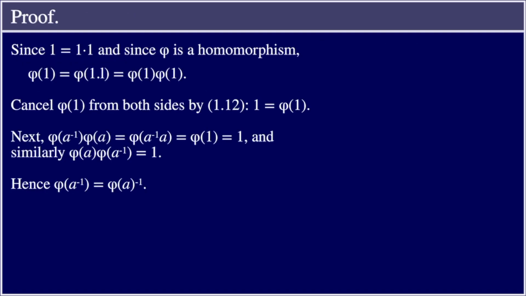Since 1 = 1·1, and since φ is a homomorphism, φ(1) = φ(1·1) = φ(1)φ(1). Cancel φ(1) from both sides by 1.12: 1 = φ(1). Next, φ(a^-1)φ(a) = φ(a^-1 a) = φ(1) = 1, and similarly, φ(a)φ(a^-1) = 1. Hence φ(a^-1) = φ(a)^-1.